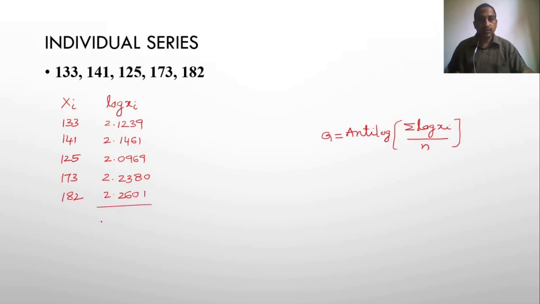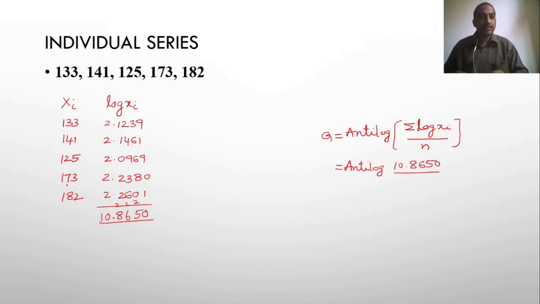If you take the total, this is 10.8650. So G equals anti-log of 10.8650 by n.